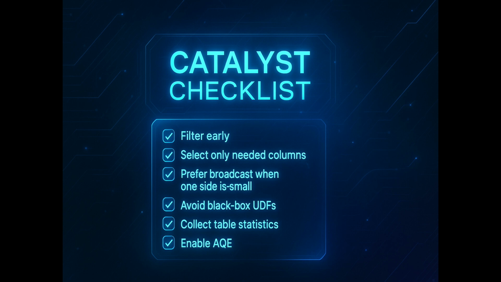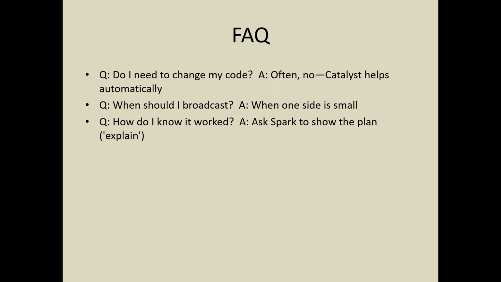If you are using UDFs, that is the reason we try to avoid them. Collect table statistics, enable AQE. Enabling AQE is most important. It is enabled by default unless you have disabled it, but still check it from your side.